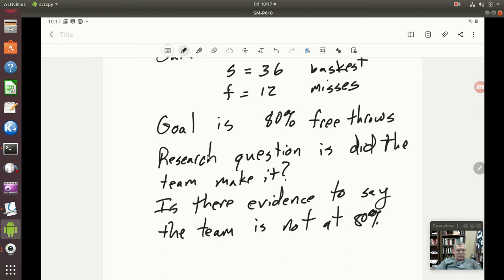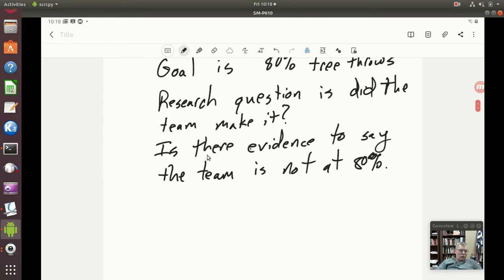Because the team might be at 80%, but they had an off week, and so they were 75%. So it's not as simple a question as just going, oh, well, they wanted 80%, they got 75. Do we actually have evidence to say the team is not truly at 80%? Well, I don't know. We'll have to figure that out.